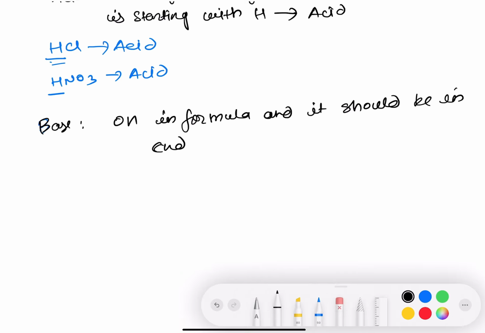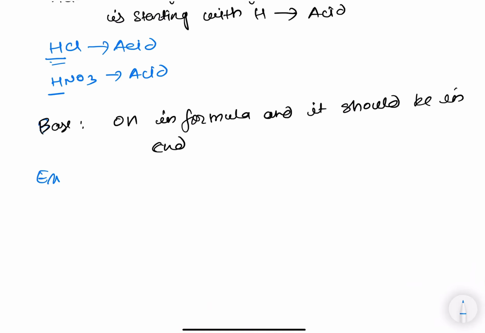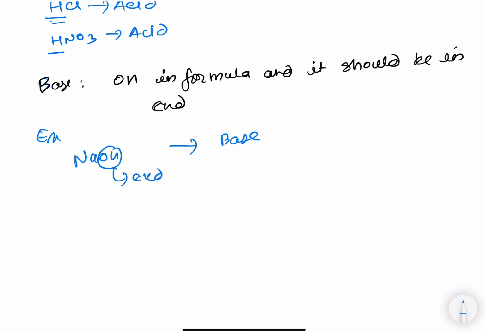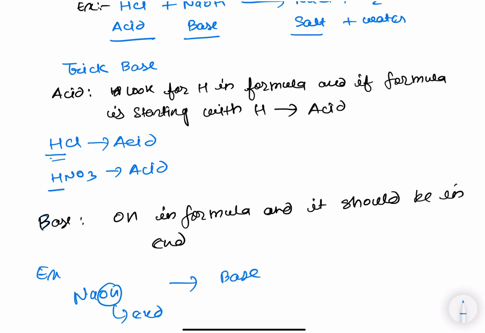For example, NaOH, we can see there is an OH and it is at the end, so it is a base. Okay, second is KOH, there is OH at the end, so it is a base.